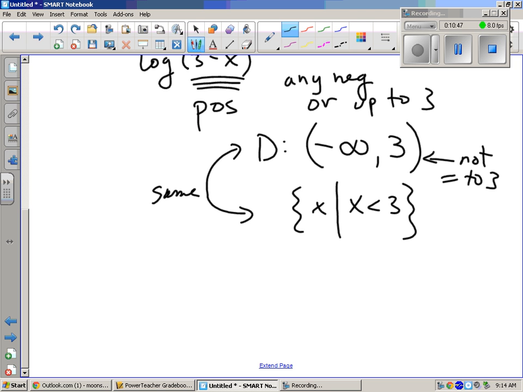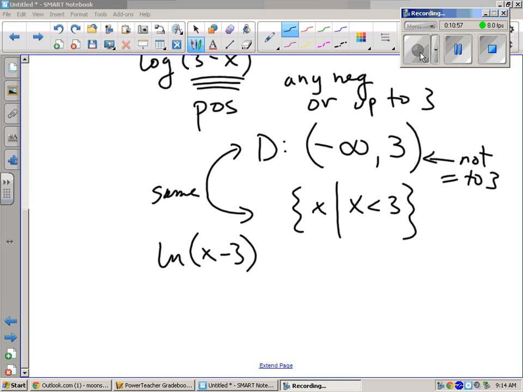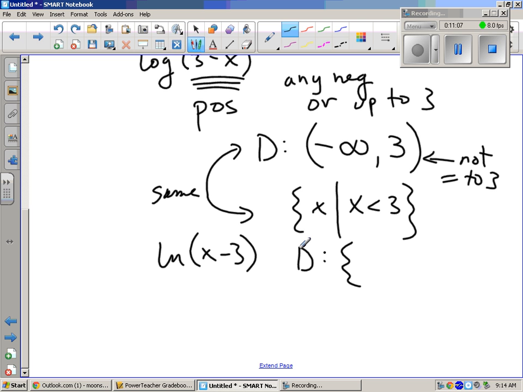Okay, so same deal. If I have natural log of x minus 3, this time we have x minus 3 instead of 3 minus x, so this time the domain is going to be, let's do it in set notation here, x such that x has to be greater than 3.